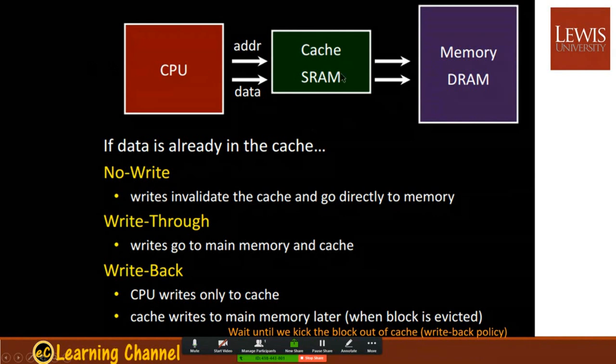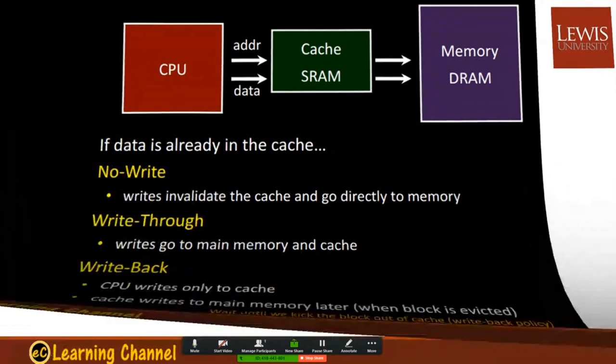So let's write, but if you don't get the data from the cache, then you need to access the memory. Then you have no write, write through, and write back, three different schemes. So what is no write? No write means you invalidate the cache and then go directly to memory. That's called no write.